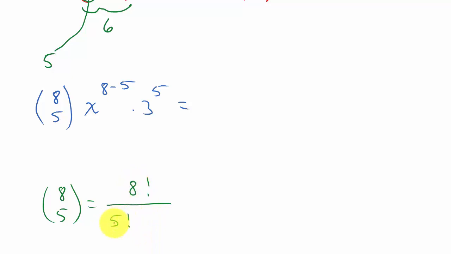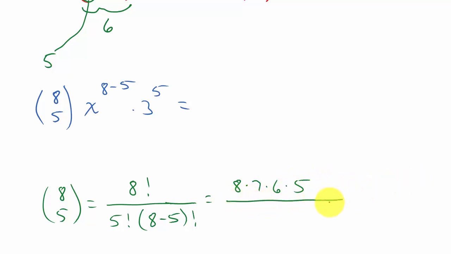Remember, it's n factorial over r factorial times n minus r factorial. 8 factorial is 8 times 7 times 6 times 5 times 4 times 3 times 2 times 1. But look at this: you see how we have the 5 factorial here? Remember, 5 factorial is 5 times 4 times 3 times 2 times 1, and that's what this would end up being.